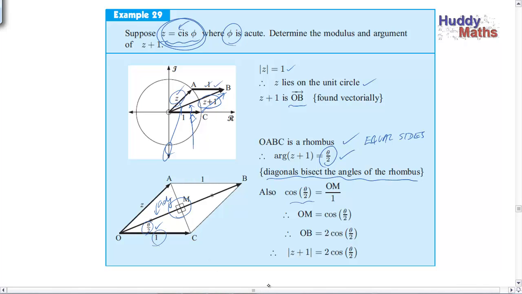So what that means is OM is the cos of theta on 2, and what is Z plus 1? Remember that diagonal is bisected down to OM, so the length of Z plus 1 there is 2 times the length of OM. So it's 2 cos theta on 2. So the size of Z plus 1 is 2 cos theta on 2.